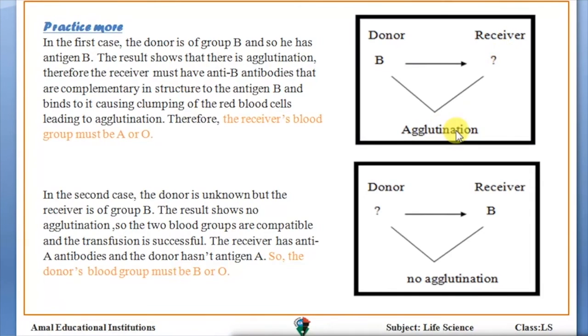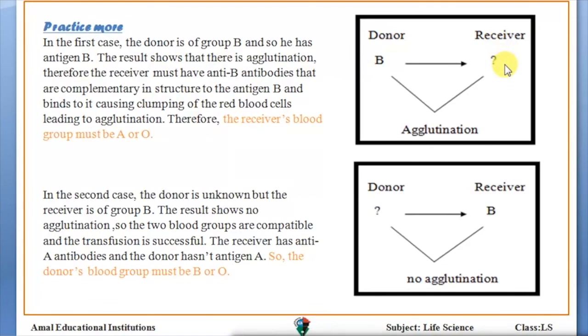Now, as we know, since the donor is of group B, he has antigen B. Now, the result shows that there is agglutination. Therefore, the receiver should have anti-B antibody. Remember, the donor will look for the antigen, and the receiver will look for the antibody.